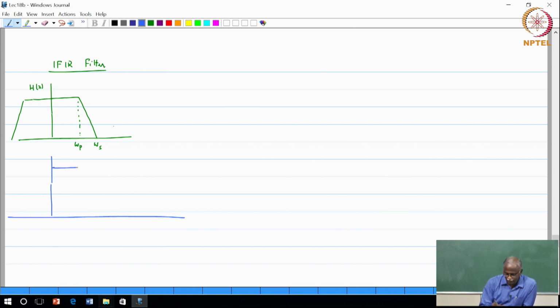I am going to design a low pass filter with 2 times omega p as the pass band, 2 times omega s as the stop band, and so this filter order is going to be less than the original filter order, and I am going to do the following. Let us call this G of Z. Okay, G of Z. I am out of space, so I cannot draw the full. So what I am going to do is I am going to interpolate this by a factor of 2, G of Z squared.